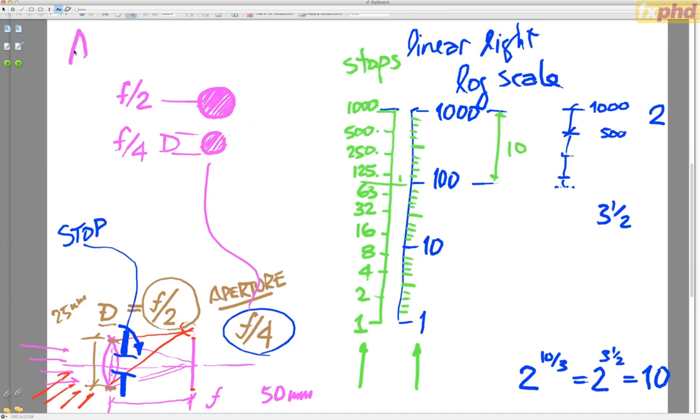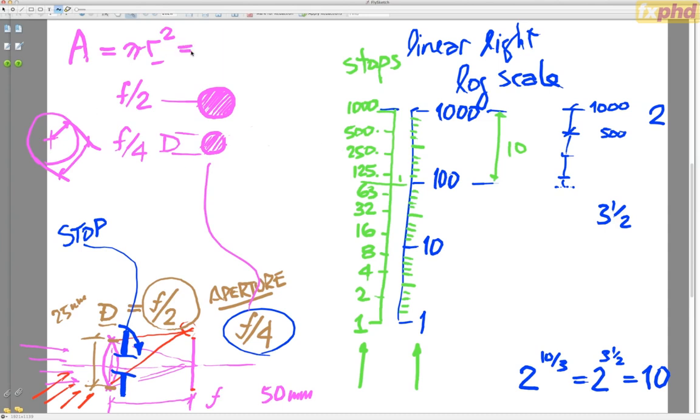And area, well, if you remember from high school math, area is pi r squared, where r is the radius. Well, but we're not really talking about the radius here.